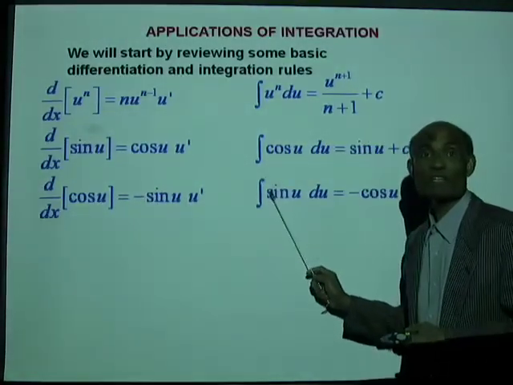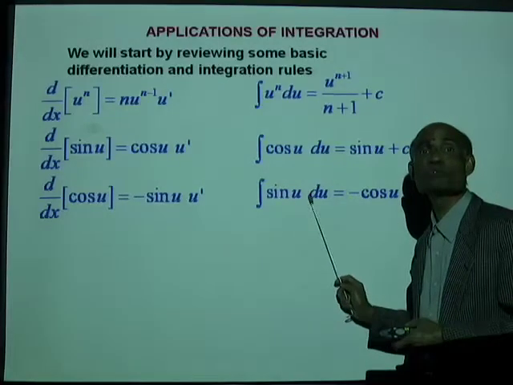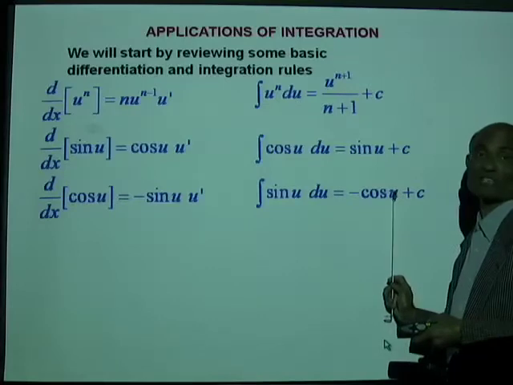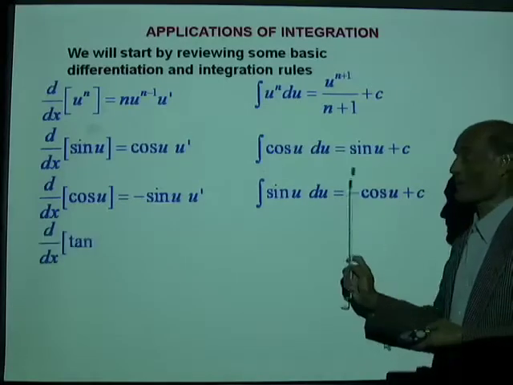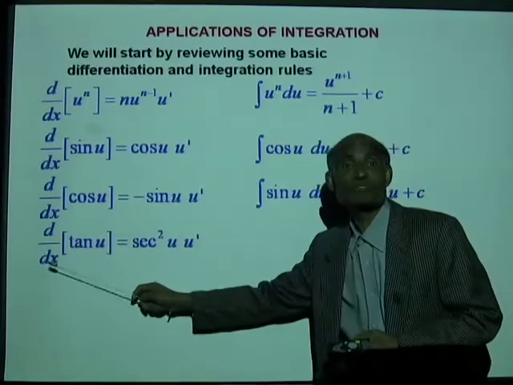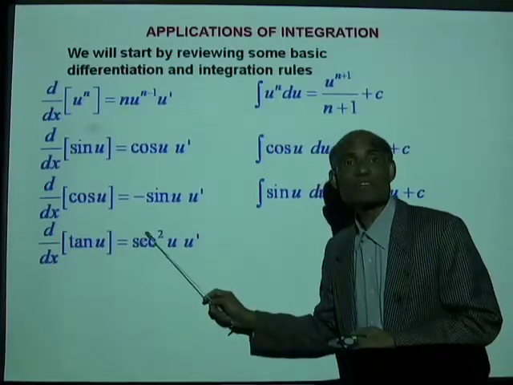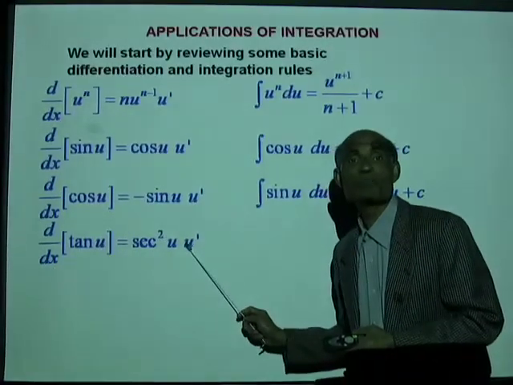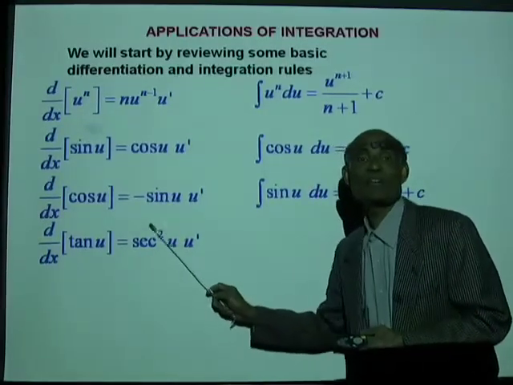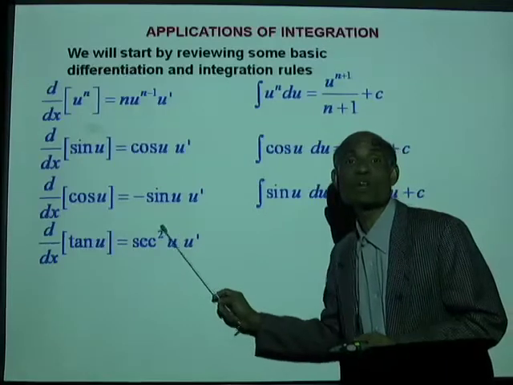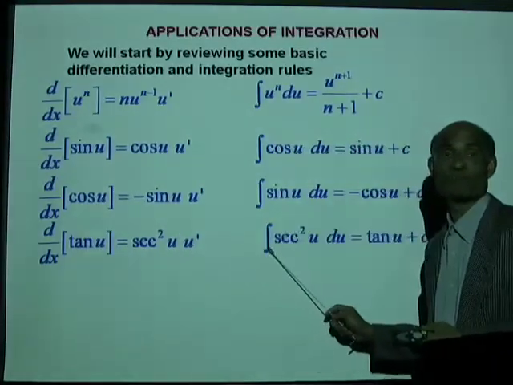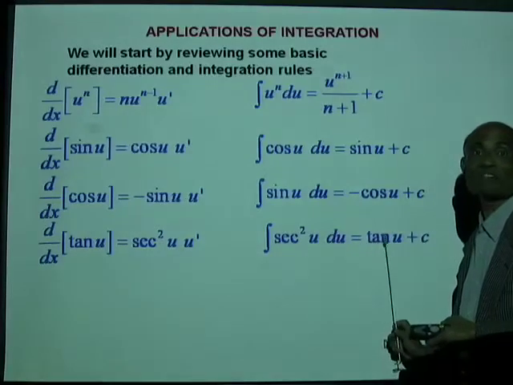And therefore, the integral of sine u du is negative cos u plus c. The derivative of tan u with respect to x is secant squared u times the derivative of u with respect to x. And therefore, what is the integral of secant squared u du? It must be tan u plus c.